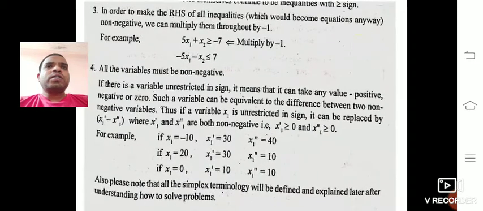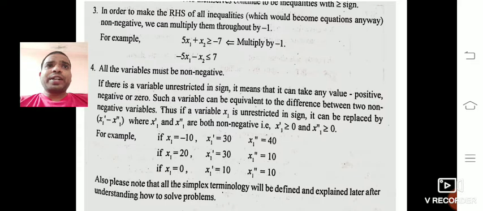Now the third one: in order to make the RHS of the equations non-negative, we multiply them throughout by -1. For example, 5x1 plus x2 greater than or equal to -7. The RHS should always be a positive value, but here it is given as negative, so to convert it we add a minus sign.